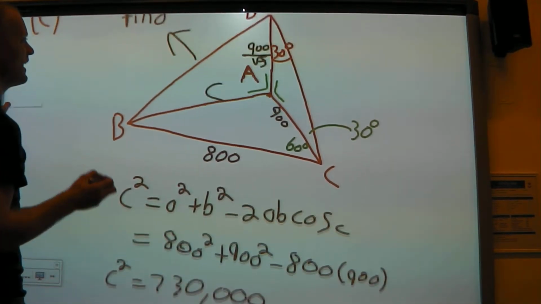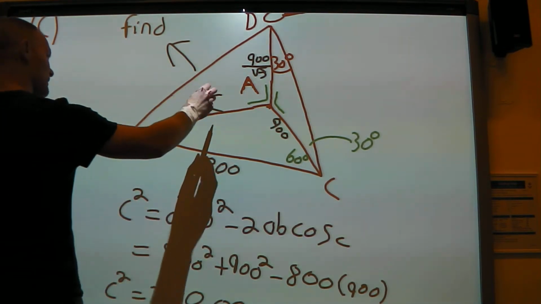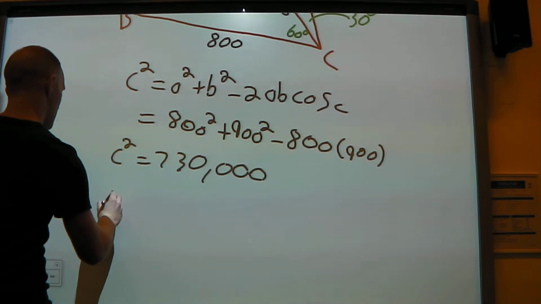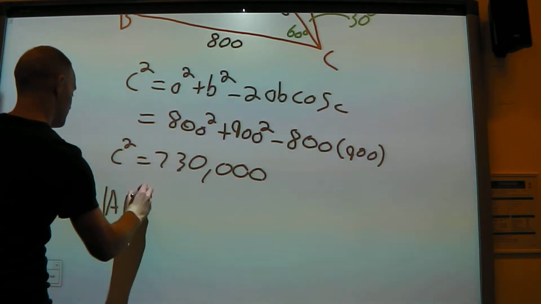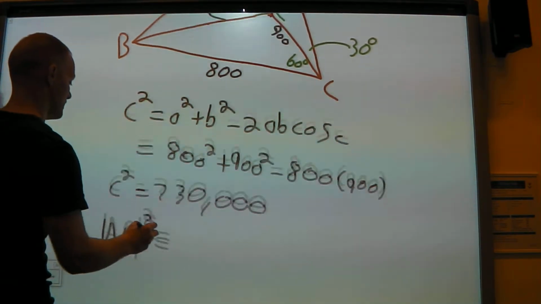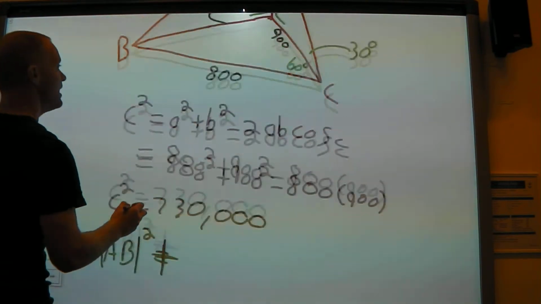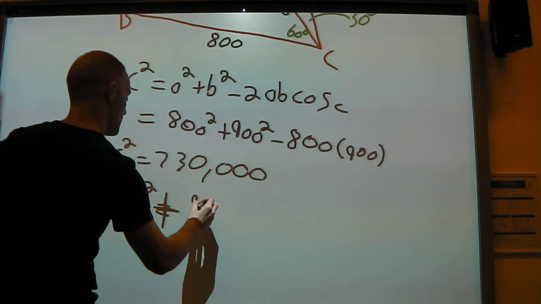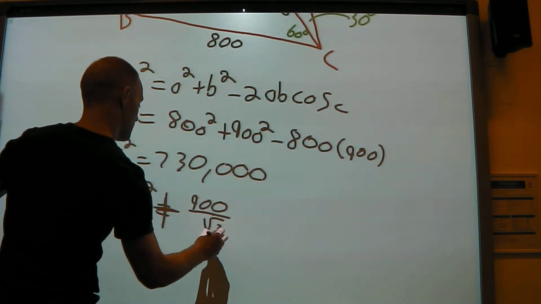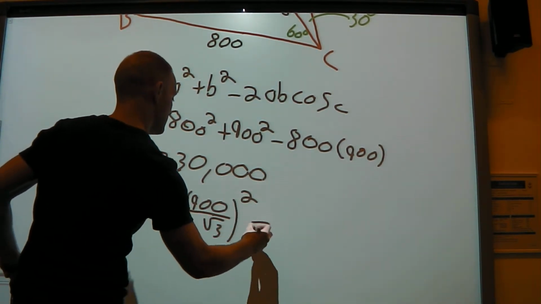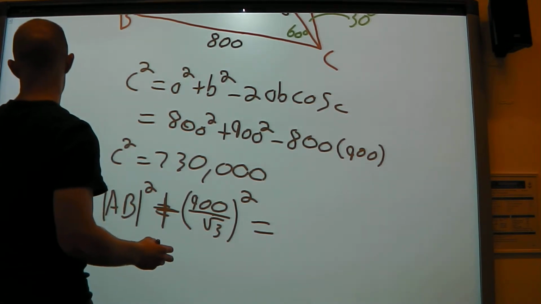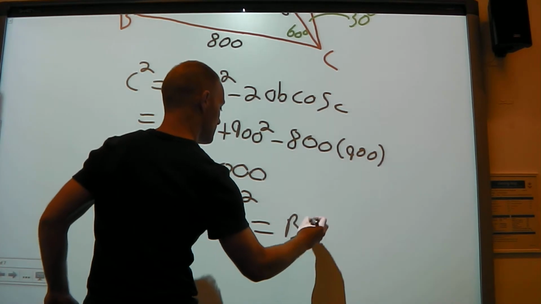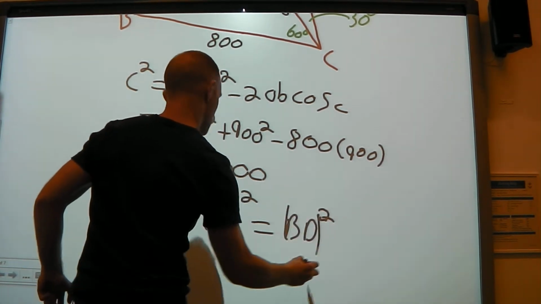Rightio. Now we're going to use Pythagoras' theorem here. So we're going to have this length here, which is AB. So I'll just write that down. AB squared plus 900 over root 3 squared is equal to the hypotenuse squared, which is BD squared.